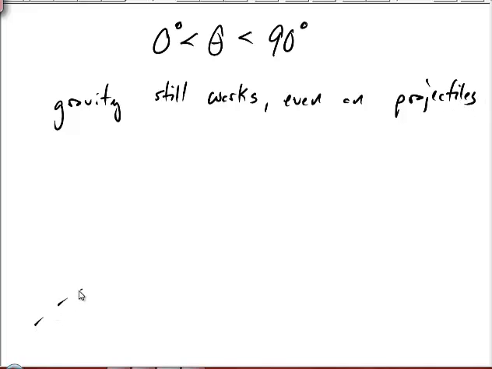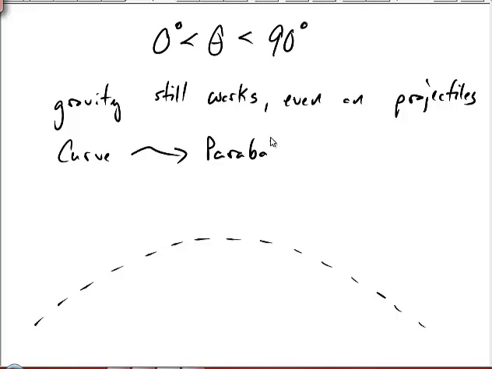If I were to draw a projectile like this for greater than 0, less than 90, what does that kind of look like from a math class? It looks like a curve. And specifically, it's parabolic. Which means if we find the top, the time on the way up and the time on the way down have to be what?